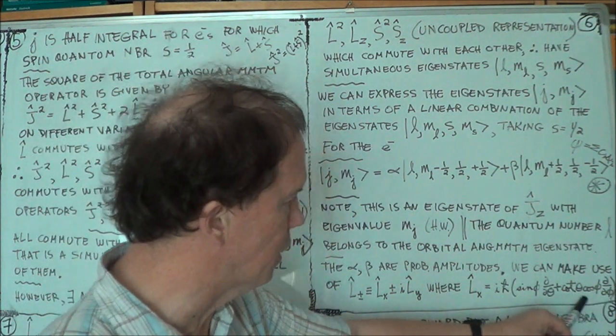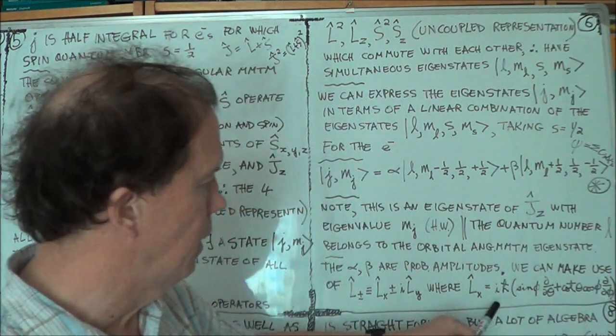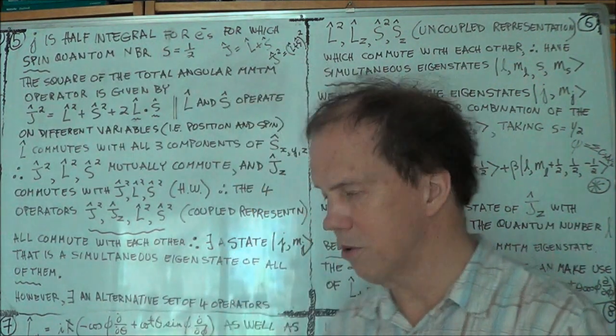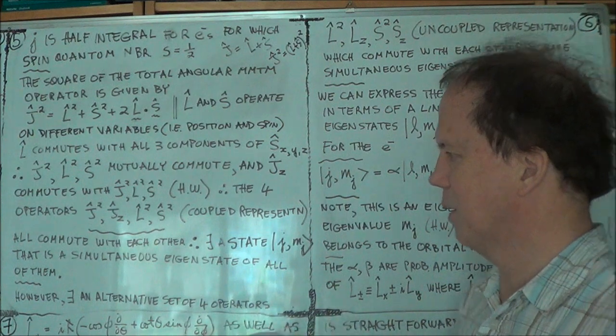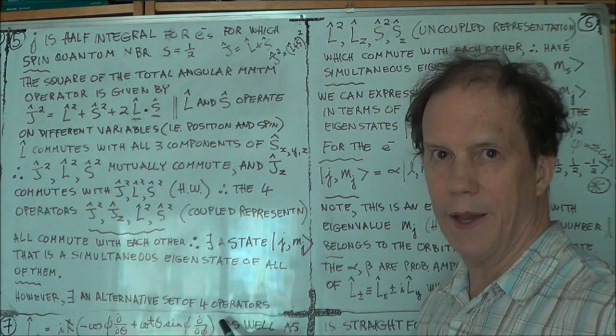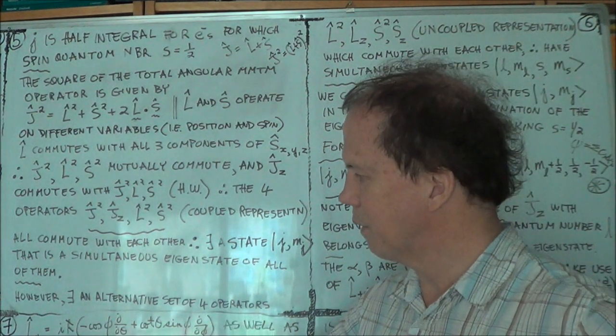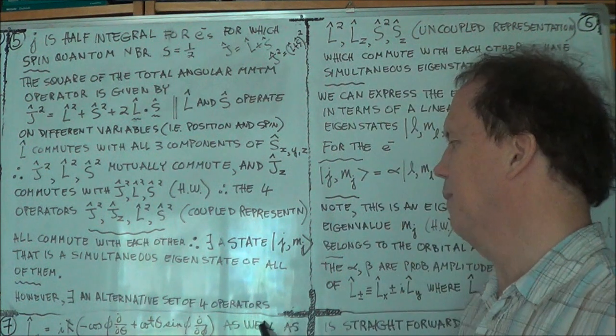We've had that expression before. Now, I'm not sure if you can see it or not. The first line of the next session is the corresponding polar angle expression for the y component of L.